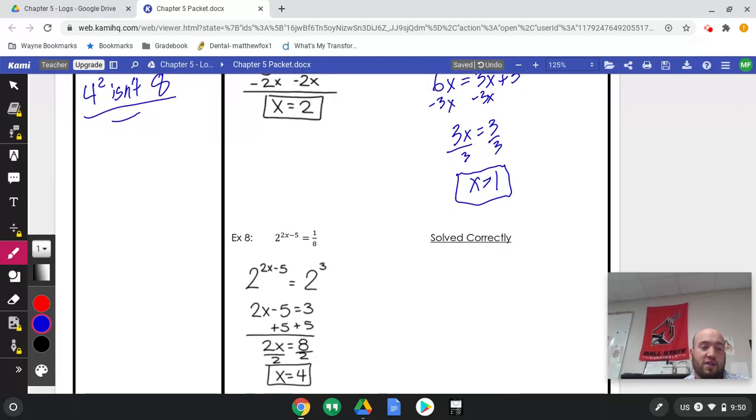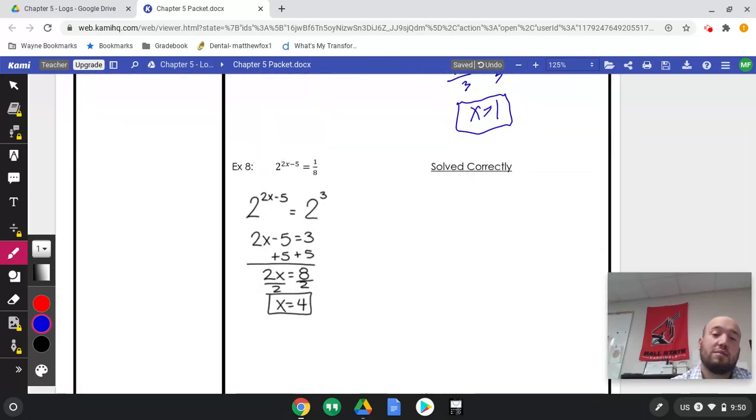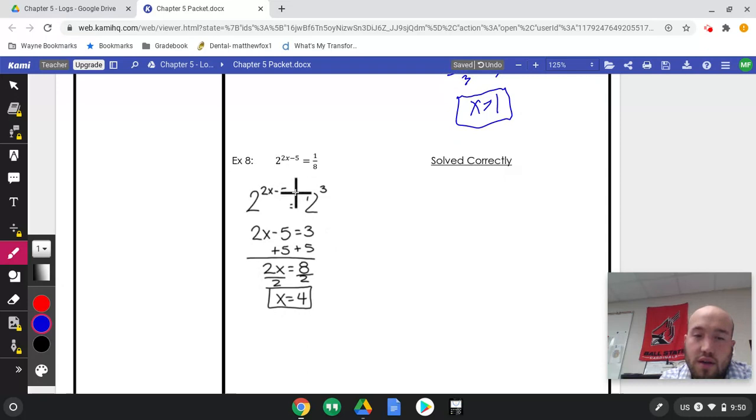Okay, so now the final example. Once again, another common mistake. We look here. They took 2 to the 2x minus 5. They rewrote that. They knew 2 to the third for the 8. If you notice here, though, then they solved it correctly from there on out. 1 over 8 is not 2 to the third. 1 over 8 needs to be 2 to the negative third.